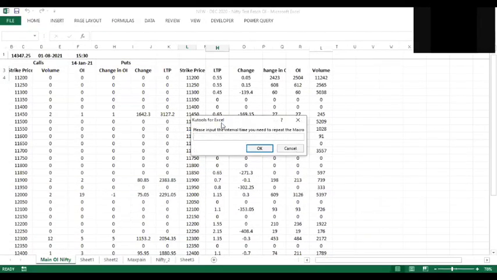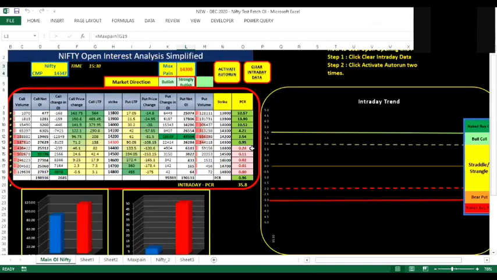So you are able to see. If I put 10 minutes here and say okay, now the data will be pulled every 10 minutes, right? Is it clear?